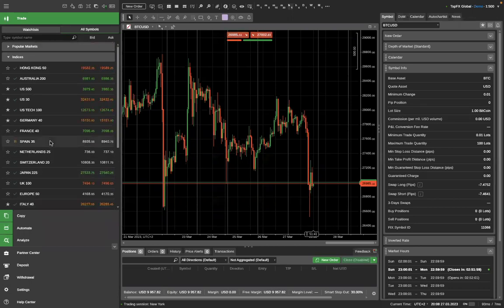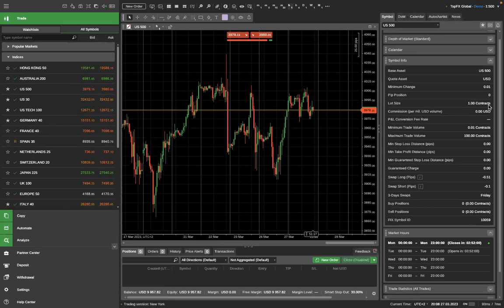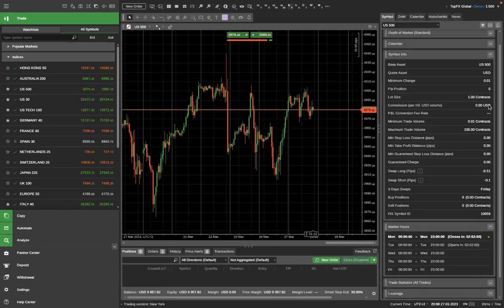For example, we are going to take a look at the US 500, S&P 500, one of the most popular indices in the world. As you can see, the first thing you're supposed to do is the symbol info. Base asset is US 500, quote asset is US dollar, minimum change is 0.01 pip. Pip position is right now 0.